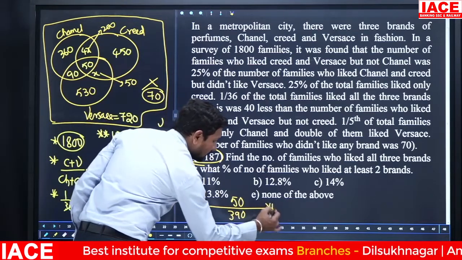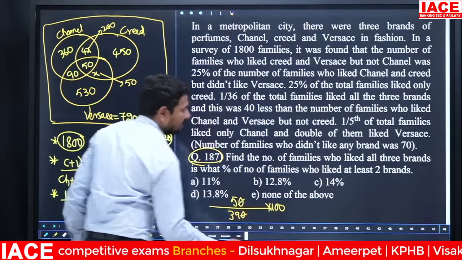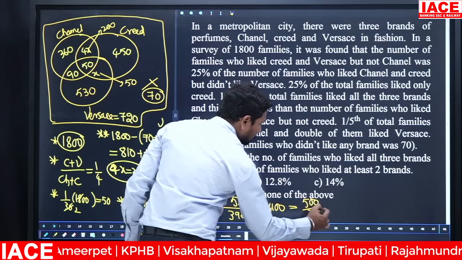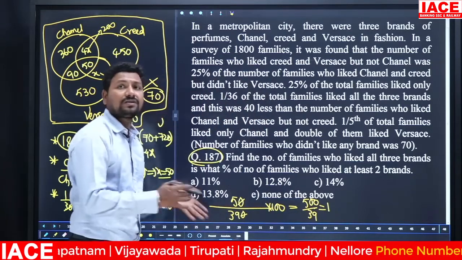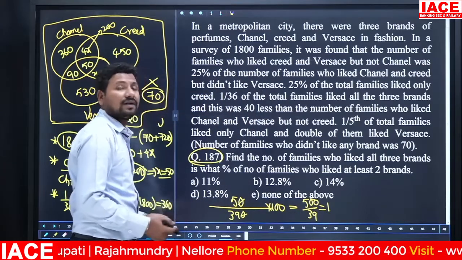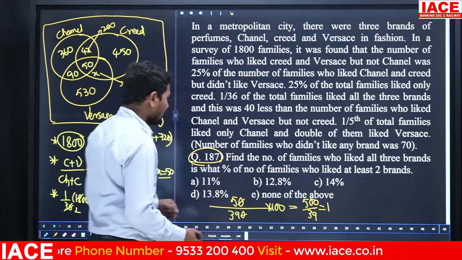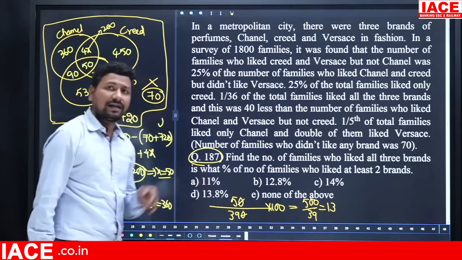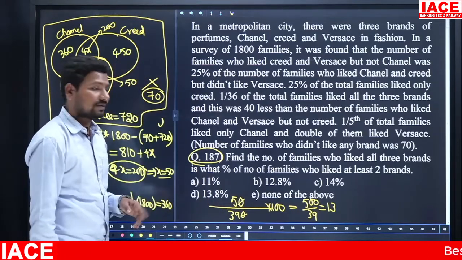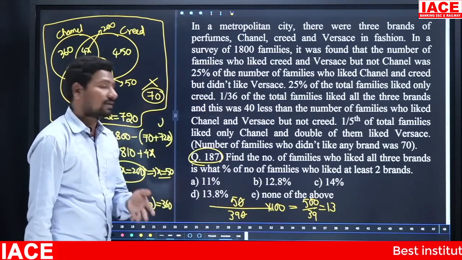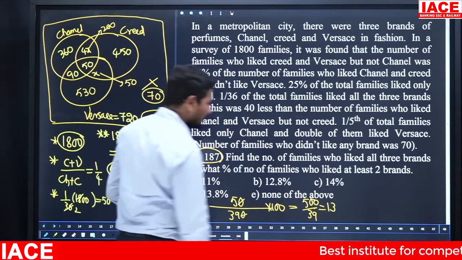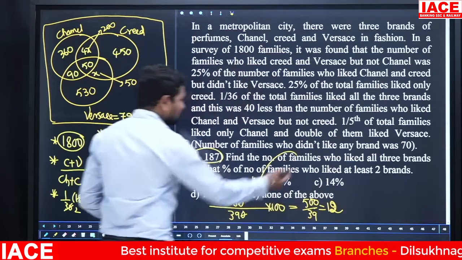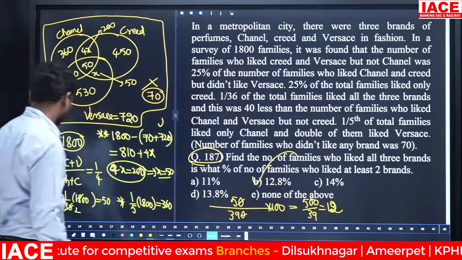We need percentage, multiply with 100, the 0s will be cancelled. 500 by 39. 39 ones are 39, remaining value is 110. 39 to 110, how many times? Almost 3 times. 30 3s is 90, 9 3s is 27. 90 plus 27 means 117. But here I need 110 only. So you can go with the combination, 12. Then option B is the correct one.